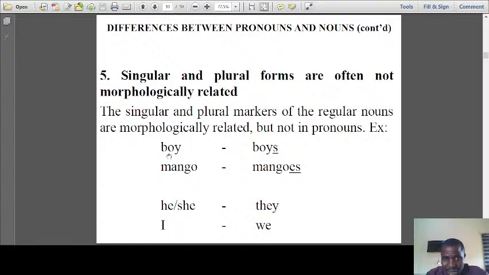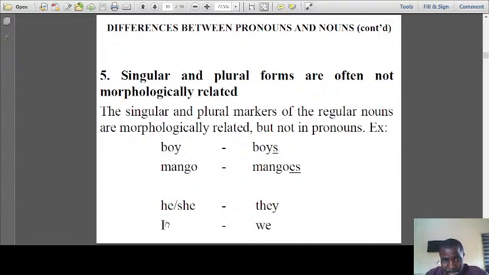The same base form of the noun is repeated here, and only a morpheme has been added to make it plural. The base form mango is here and repeated here, only that a morpheme has been added to make it plural. But here, look at the singular, he, she, and the base has changed completely.